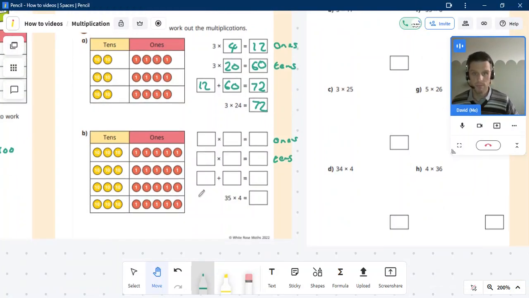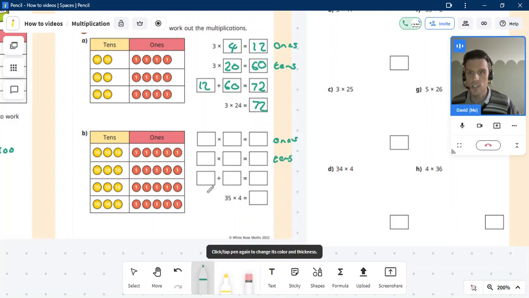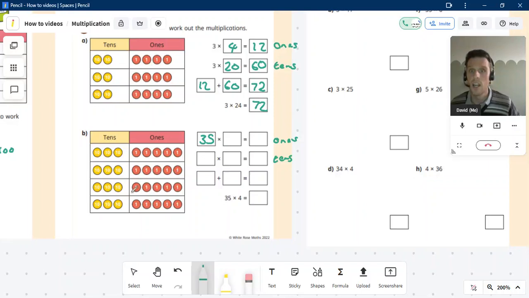Moving on to B, we've got 3 tens and 5 ones. So that makes 35. And we've got 1, 2, 3, 4 rows. So 35 times 4. Okay, so what I'm going to do, that's the sum, which is at the bottom, sorry.